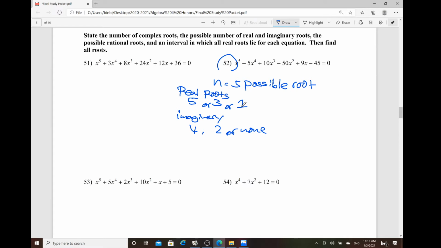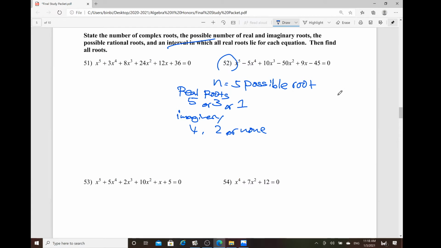And if that's just 1 real root, that means the 4 remaining roots would be imaginary. Okay? So now let's find out the actual roots. Again, we're not doing the interval in which all real roots lie. Okay, so let's find all real and imaginary roots.